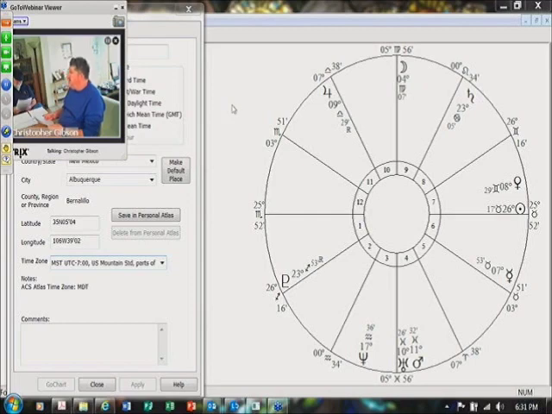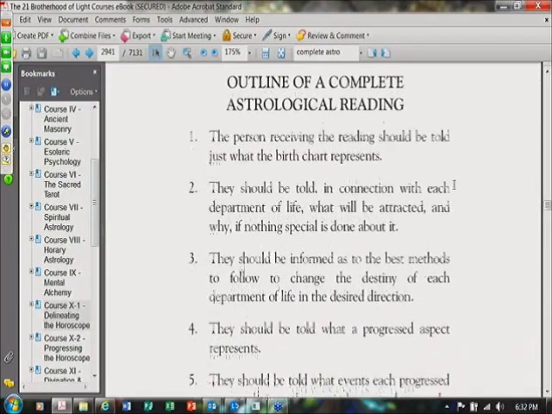But at the very beginning of that book, Zane describes what an outline of a complete astrological reading should consist of. Outline of a complete astrological reading. Here's what Zane says a reading should consist of.